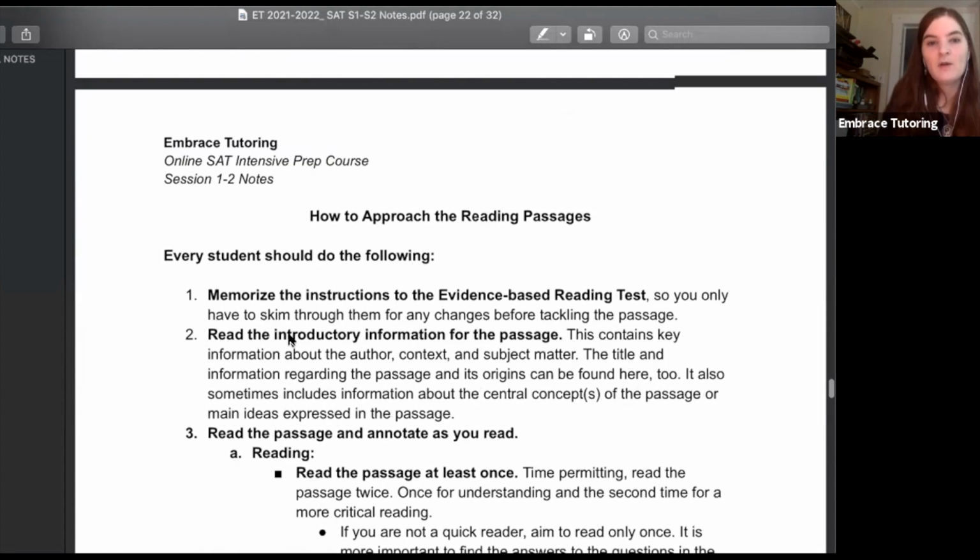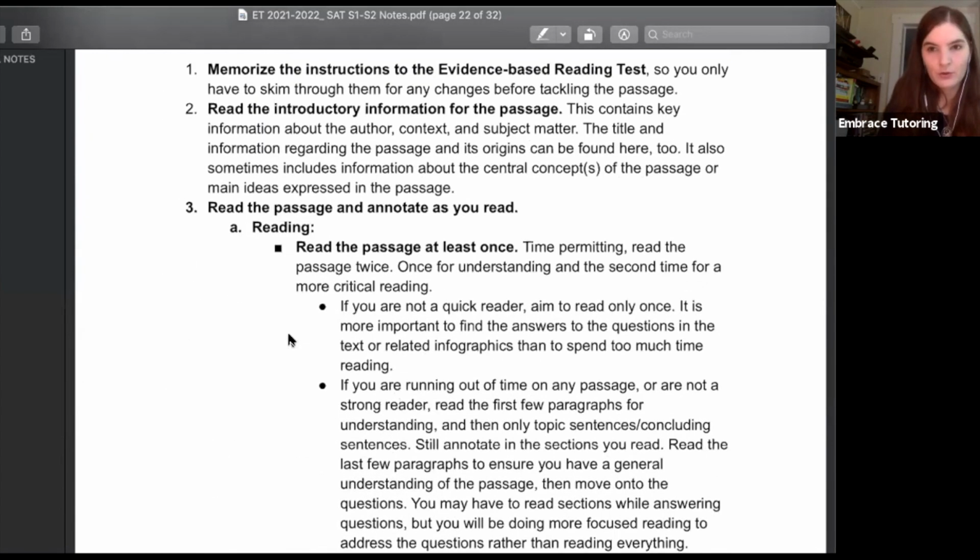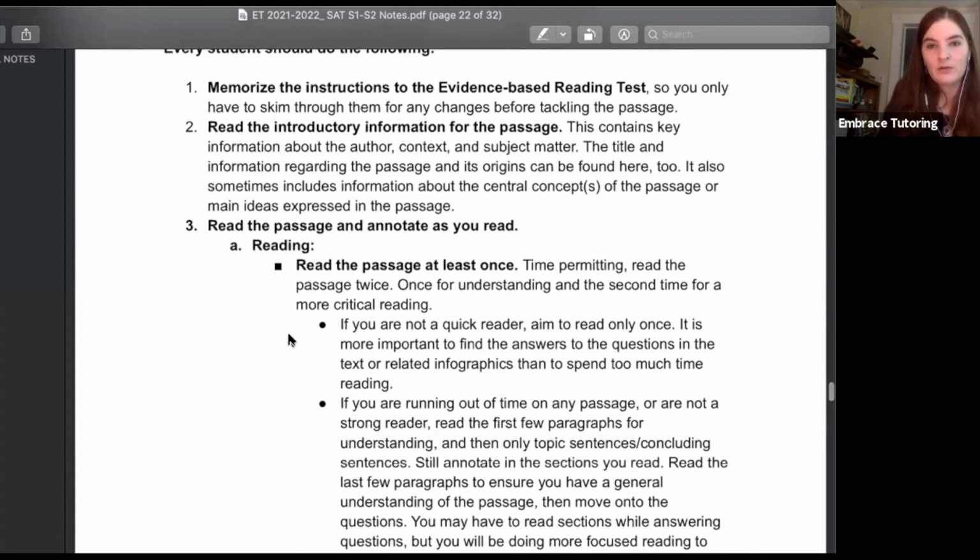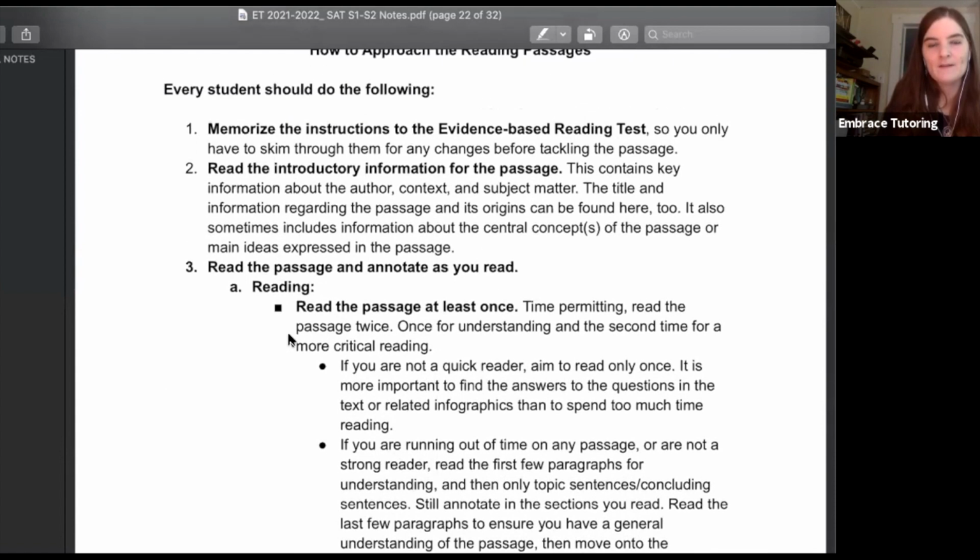Okay. So everyone should also be very familiar now with the instructions. If you don't have them memorized, that's okay, but you should be at least familiar enough with the instructions. It is advised that you memorize them. If you're not sure how to go about memorizing information, email me and I can give you some suggestions and key practices to help you get through that.